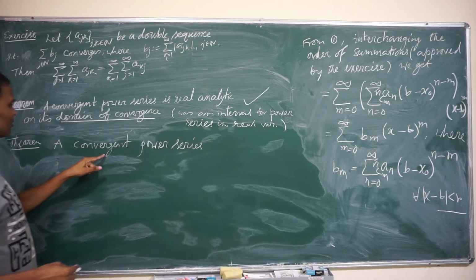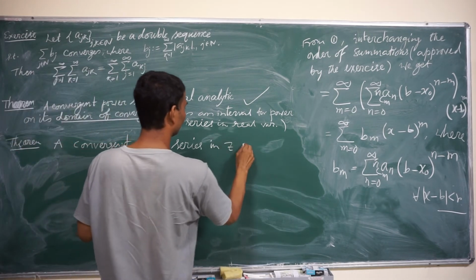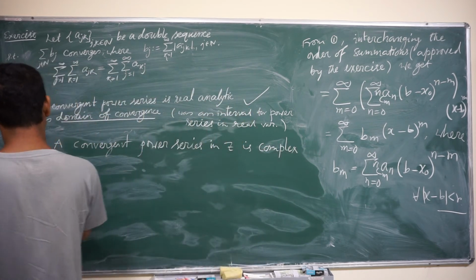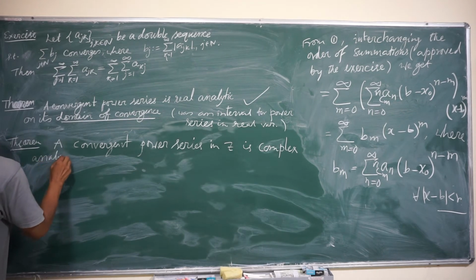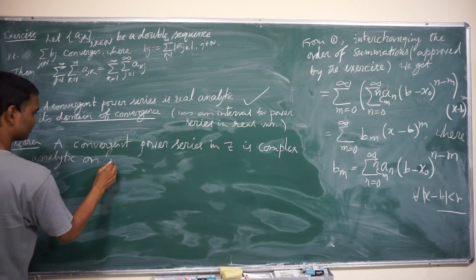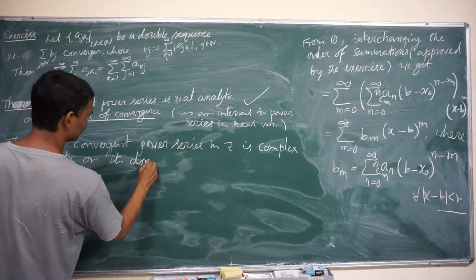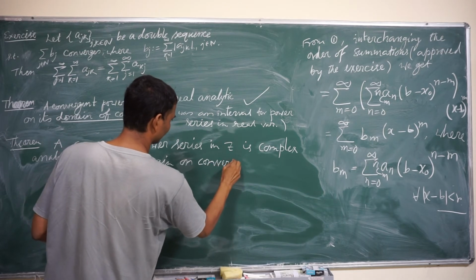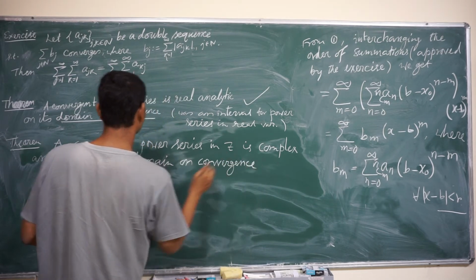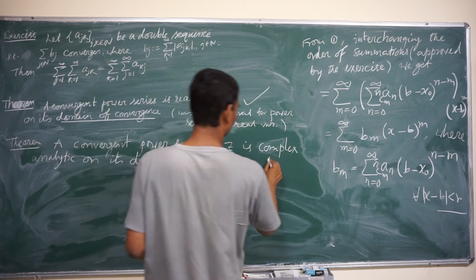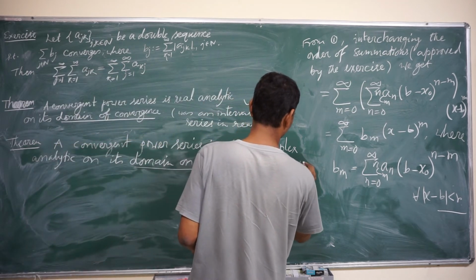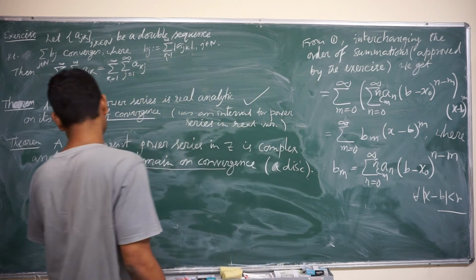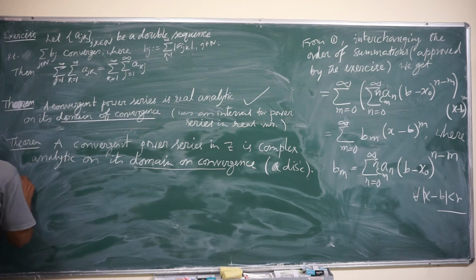So similarly, a convergent power series in z is complex analytic on its domain of convergence. In this case, it is a disk. Alright, so the proof is an exercise.